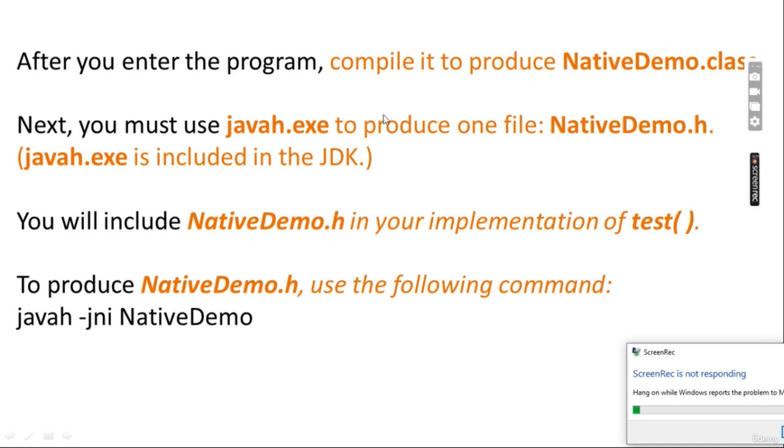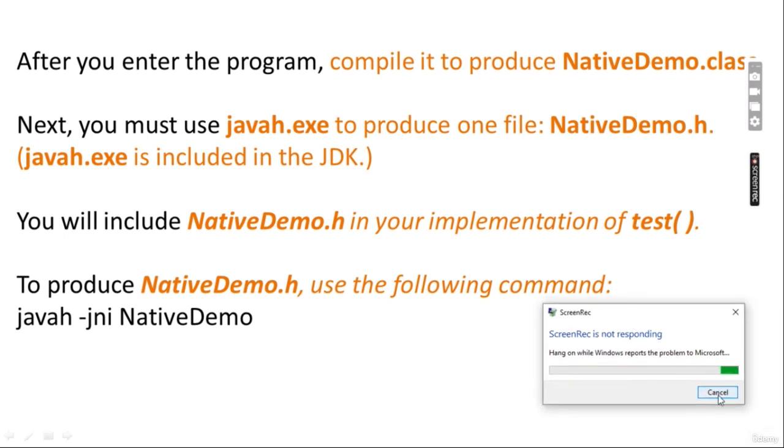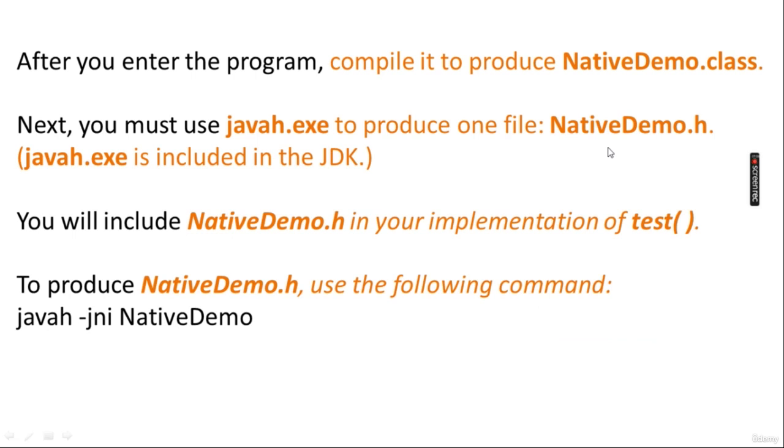So how to compile it? Compile it to produce the NativeDemo.class. Then you must use javah.exe to produce the file NativeDemo.h, and javah.exe is included in the Java Development Kit.